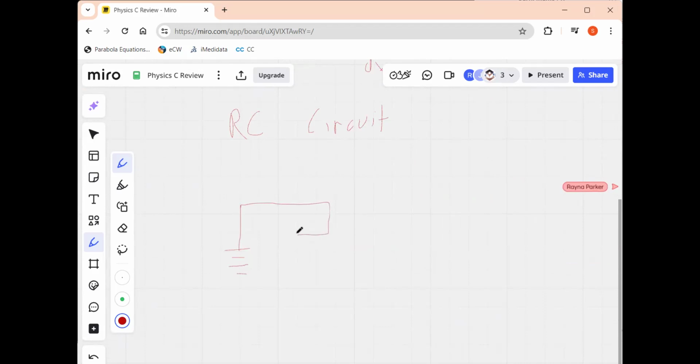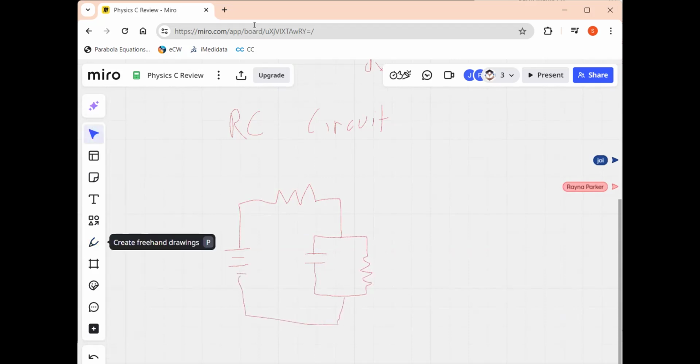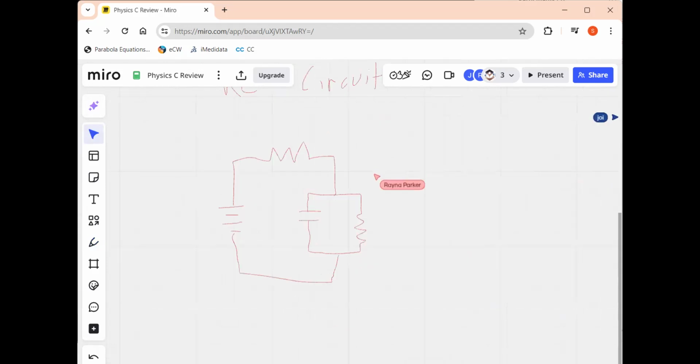So here we have some sort of a resistor, some sort of capacitor, and usually some sort of resistor. Does this look correct to you, chat, of what you guys get? Yeah, basically. Okay, that's good.